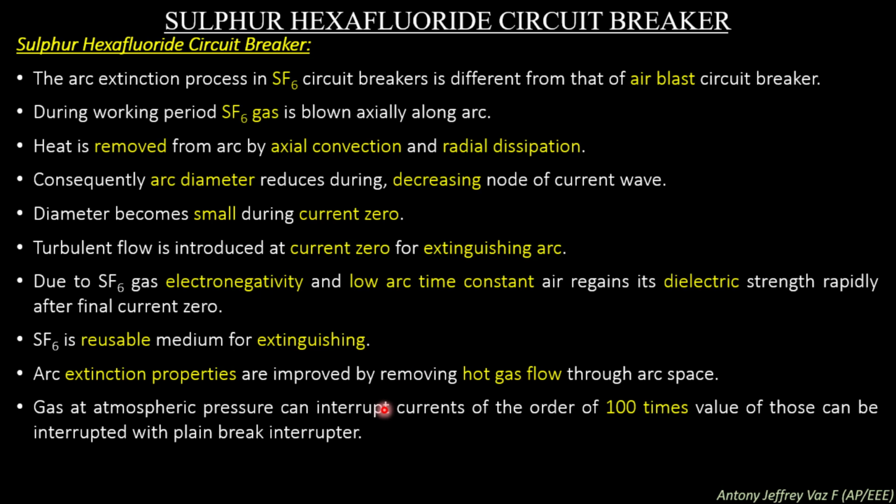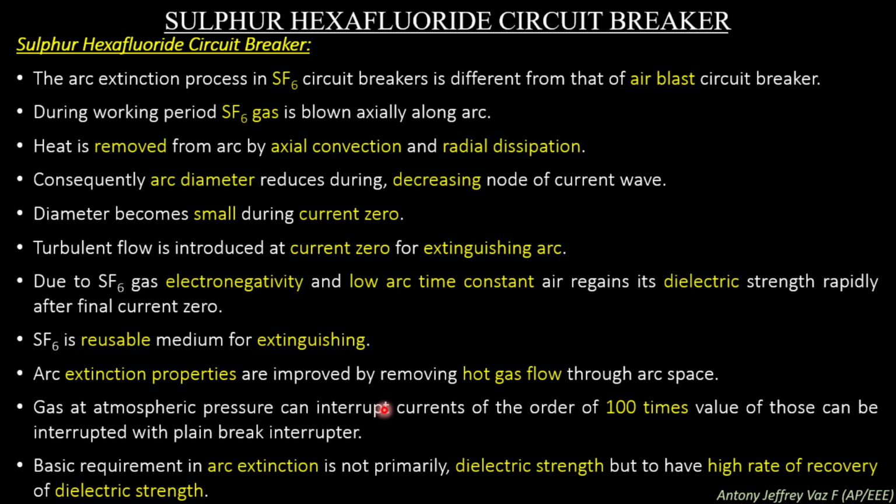Gas at atmospheric pressure can interrupt currents of the order of 100 times the value of those that can be interrupted with plain break interrupters. So the interrupting capacity of SF6 gas is 100 times that of plain break interrupters.